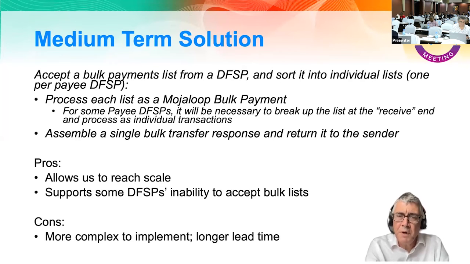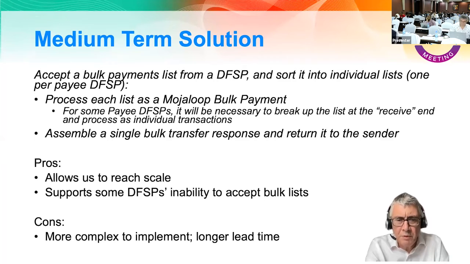Of course, for some payee DFSPs, it will be necessary to break up the list at the receive end and process it as individual transactions because of the limitations I already mentioned. The pros: this will allow us to reach scale. We'll be able to deal with those lists of thousands or tens of thousands of disbursements and not put too much of a strain on the Mojaloop hub.